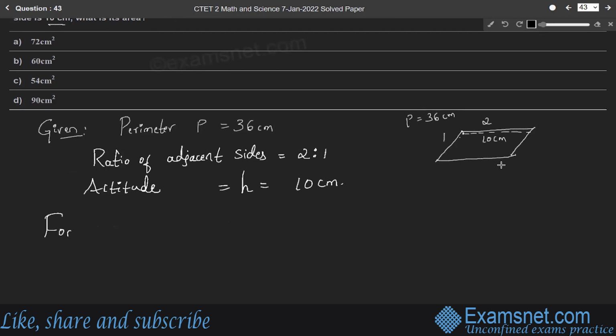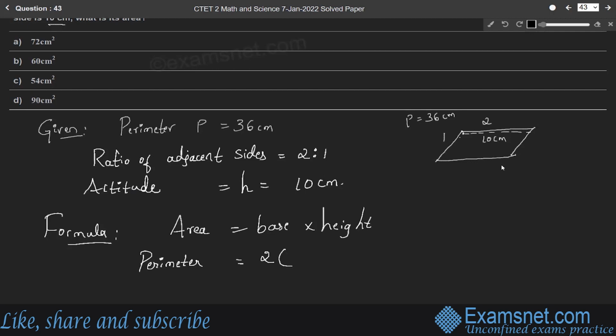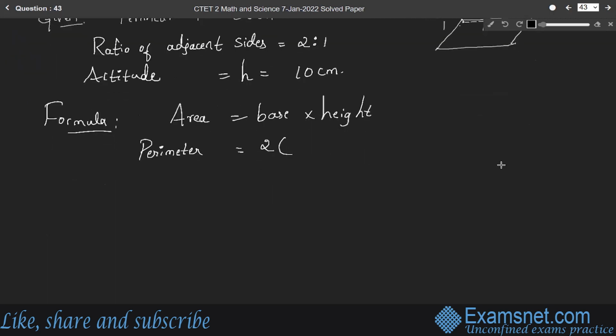So here formulas to be used are area of a parallelogram is equal to base into height, and perimeter of the parallelogram is equal to 2 times a plus b, where a and b are its adjacent sides. Adjacent sides, right?